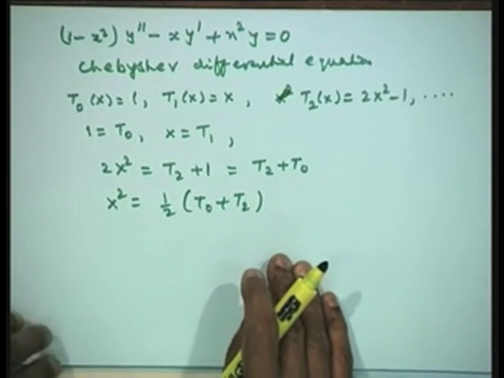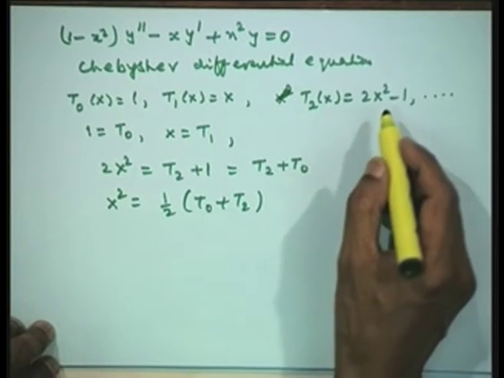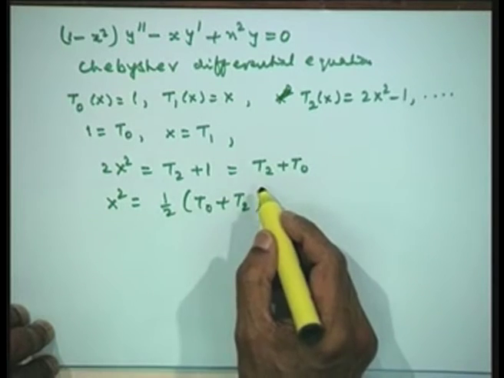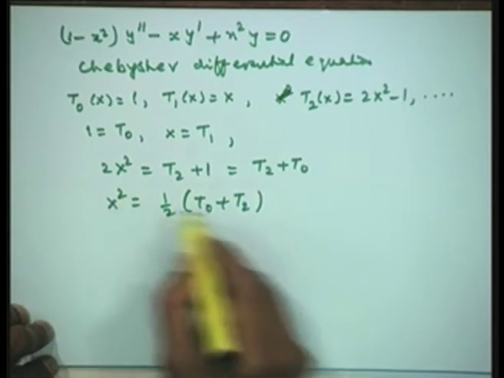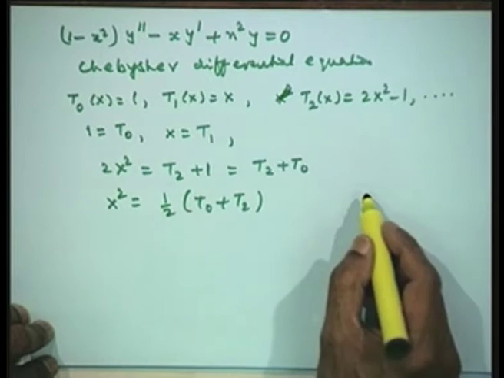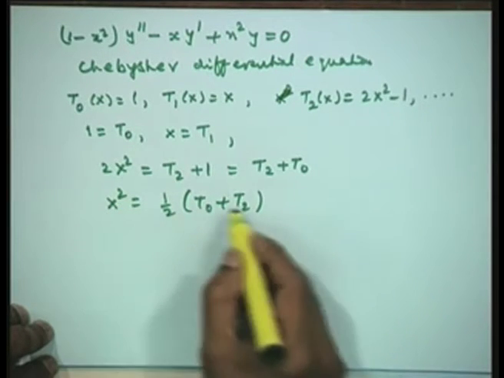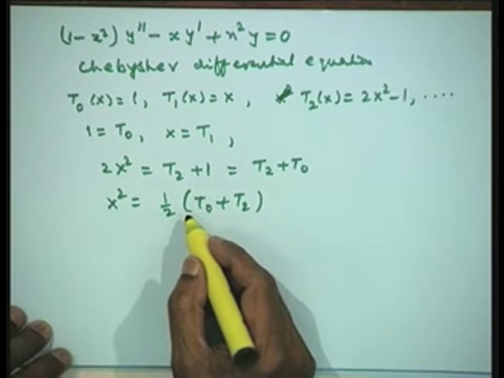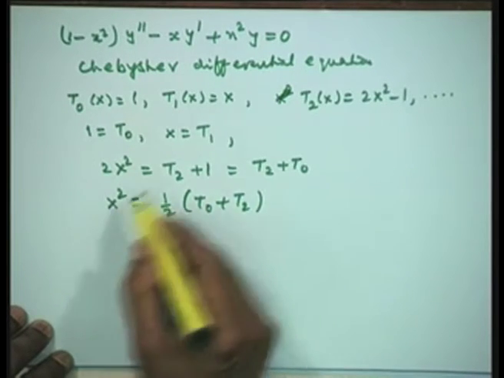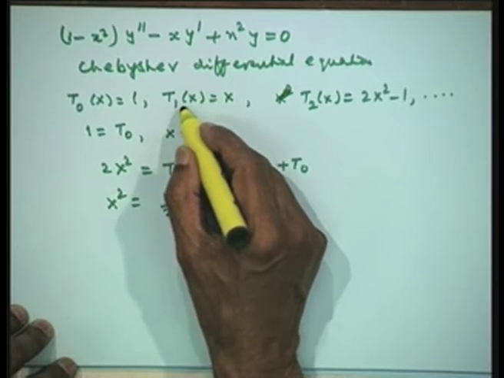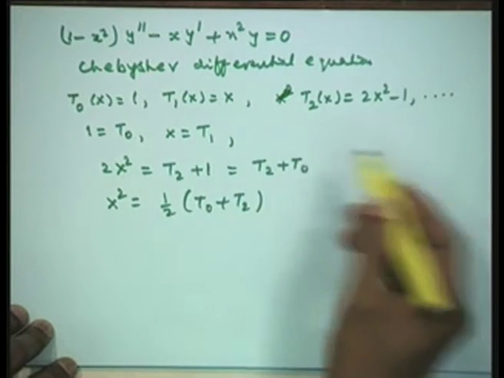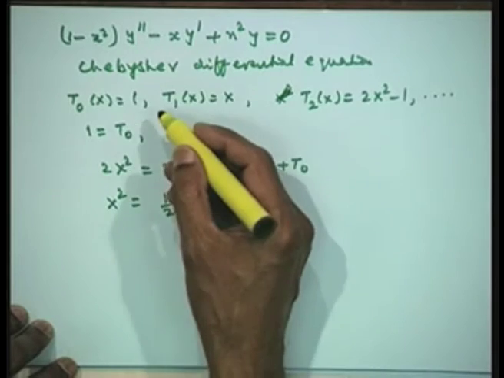Therefore, it is possible for me to express the polynomials in terms of the Chebyshev polynomials starting with that degree, that is T 2 and lower ones, and here since it is even, it will contain only T 2 plus T naught. If it is an odd power, it will contain the odd degree Chebyshev polynomials, that is T 1, T 3; x cubed will be in terms of T 3 and T 1.